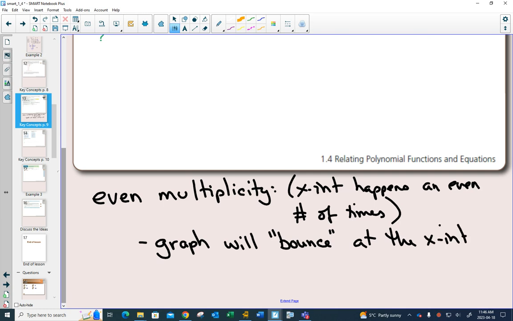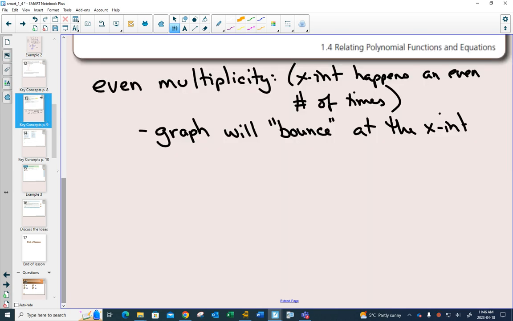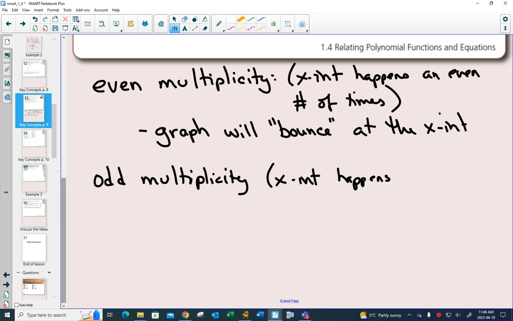at the x-intercept. And if you have an odd multiplicity, in other words, the x-intercept happens an odd number of times, two things will happen. For the most part, you will have either an odd number of 1 or 3, anything bigger than 1.